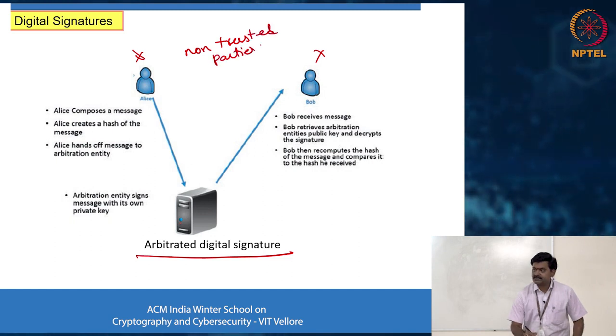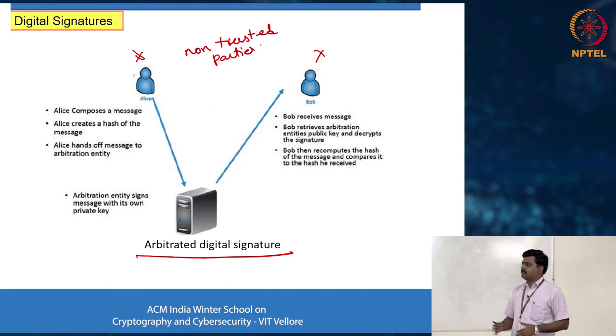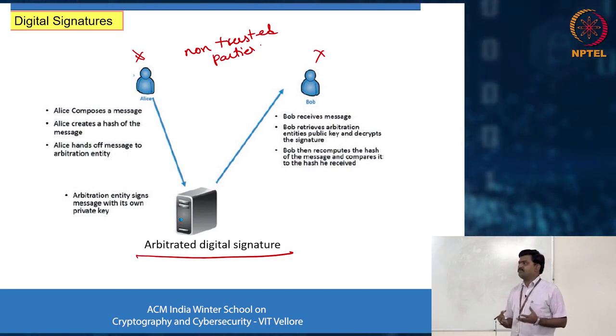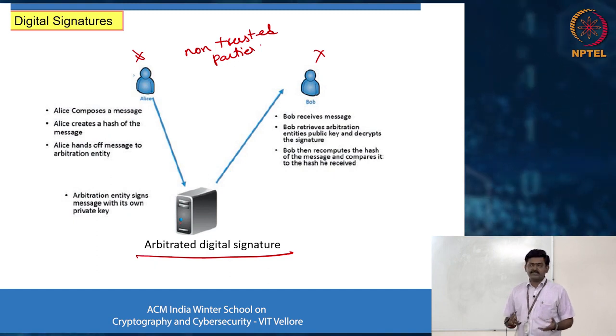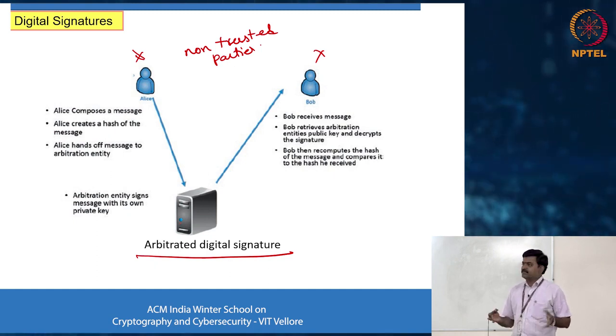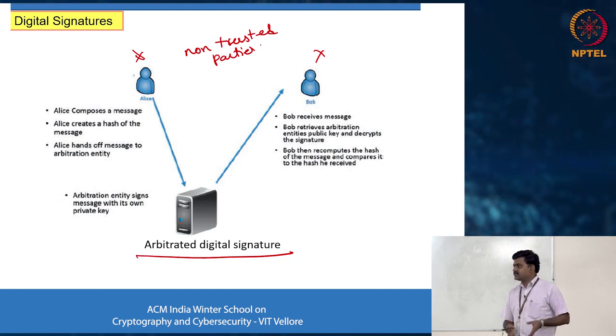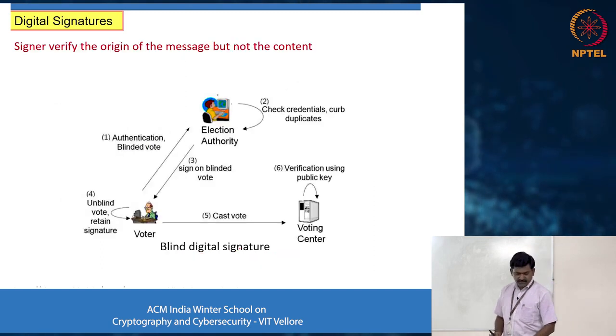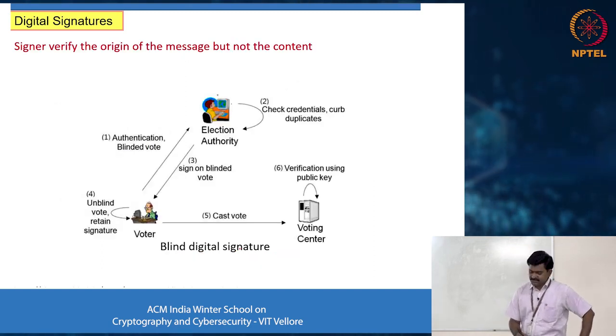So far we said Alice is talking to Bob, Bob is talking to Alice, and we didn't bring the role of trust in between. Now these two are not trusting each other. So Alice created a message and asked the third party to sign it. That is the arbitrated digital signature. There is one more digital signature called the blind digital signature.